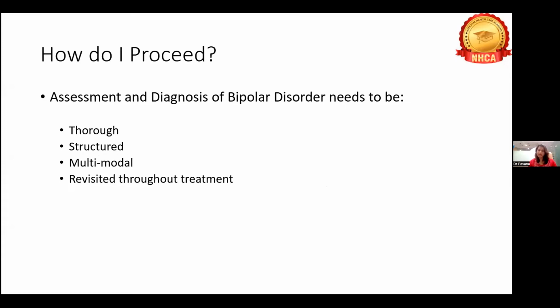When I was doing my CBT and other courses in NHCA, this is what was emphasized: a thorough, structured and multimodal approach. See, anyone can do counseling, but having a systematic way of doing it is very important. That is what I want to emphasize. This is what I learned by being enrolled in a course at NHCA Singapore.